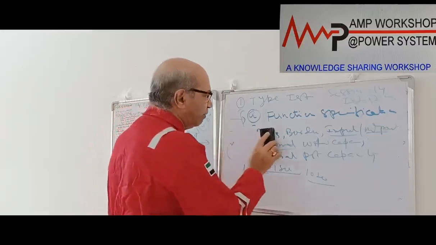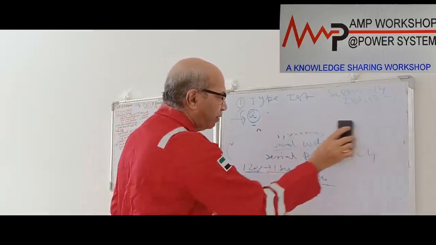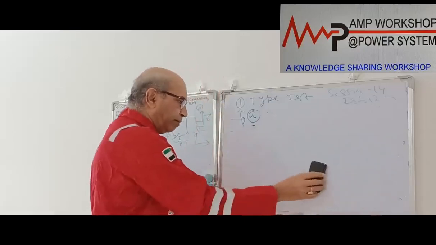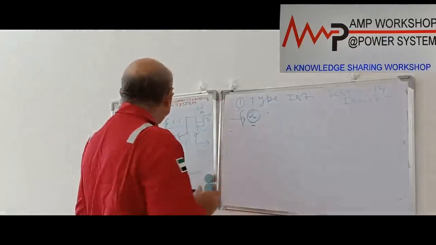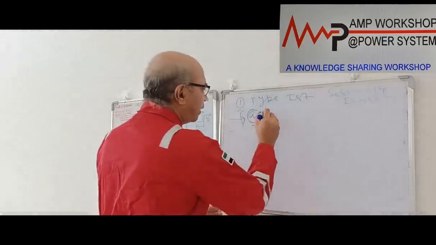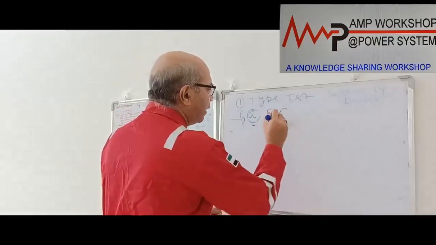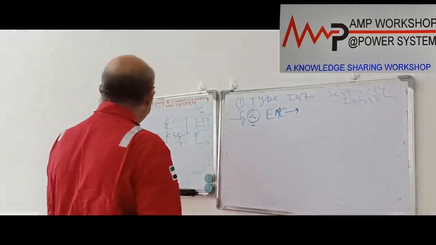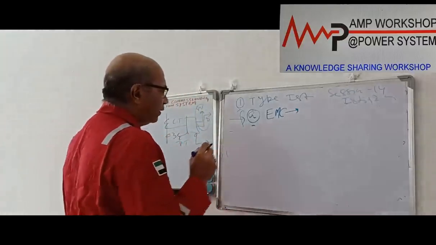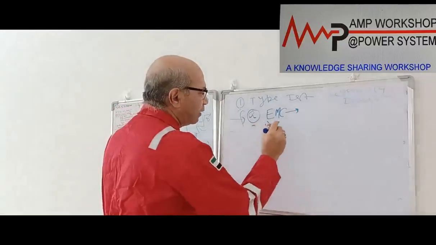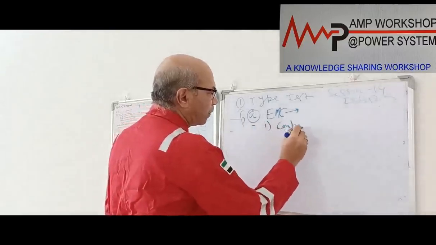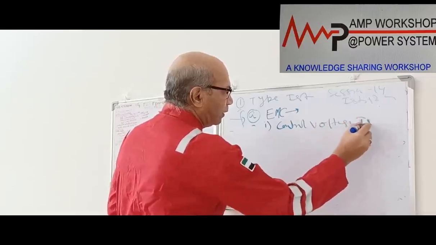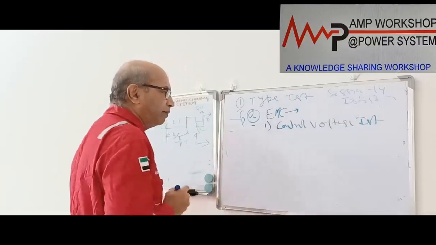Then the next type test is your electromagnetic compatibility test. Under the electromagnetic compatibility test, there are various tests. We call it the electromagnetic compatibility test, EMC test. Under the EMC test, the first test we carry out is the control voltage test.